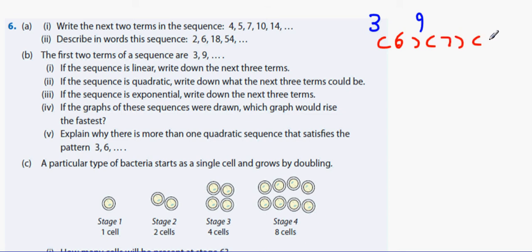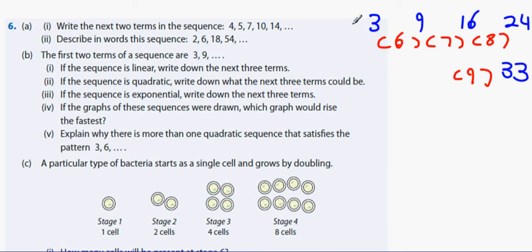So this is a quadratic sequence. It's going up by a fixed amount each time. So this answer could be 3, 9, 16, 24, and then add on another 9 and we get 33. Or another answer could be that it's going up by 2 each time.